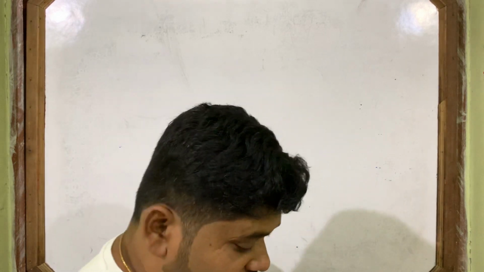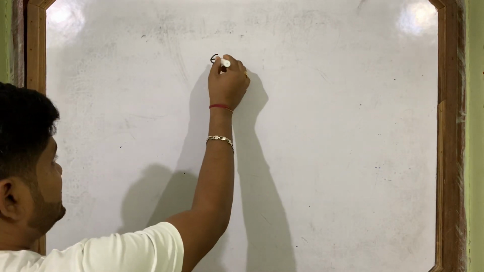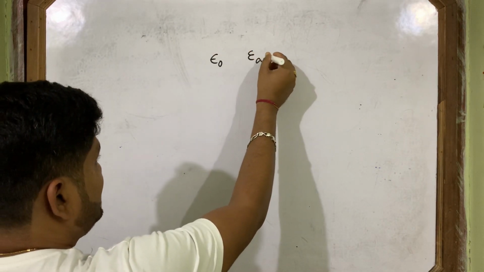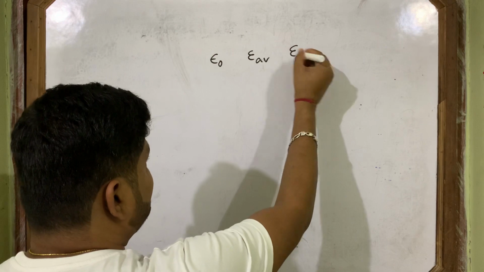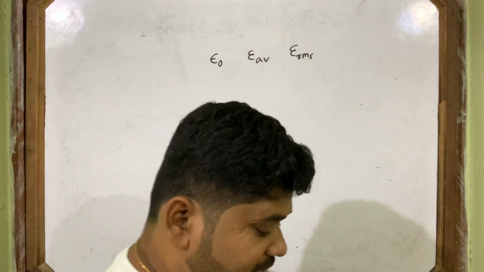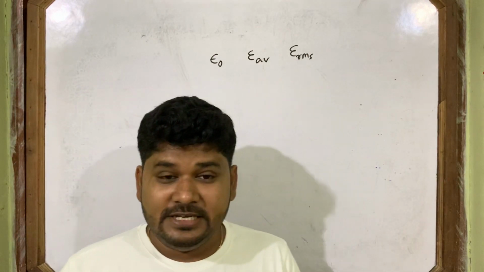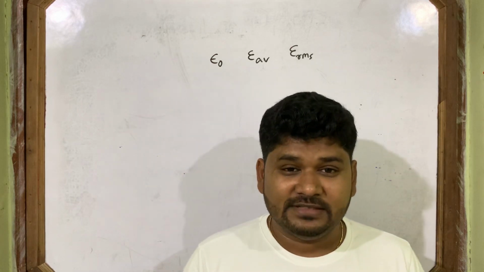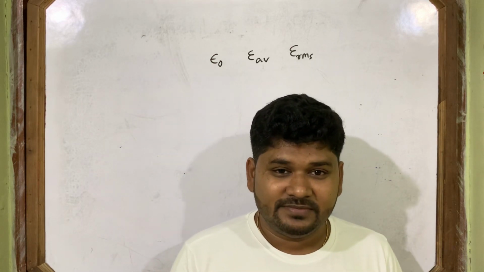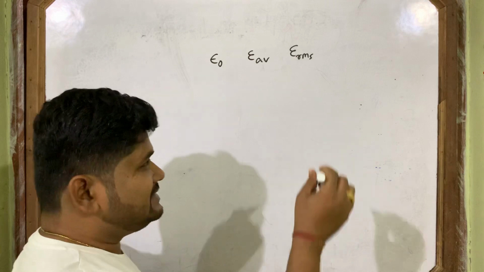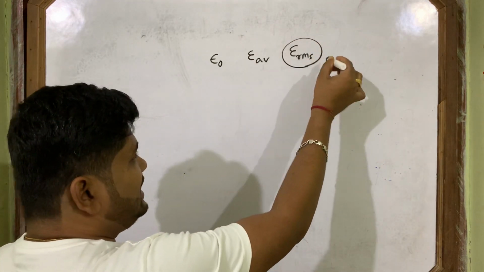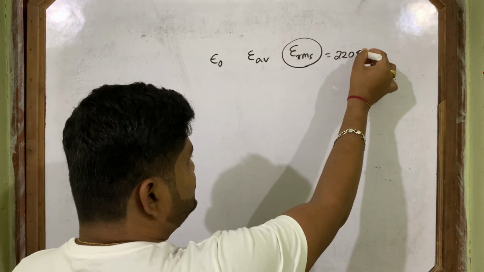Then the question is, this 220 volt is which value of voltage? Because for voltage you have three values: E naught, E average and E RMS. Which value is 220 volt? That is the RMS value.